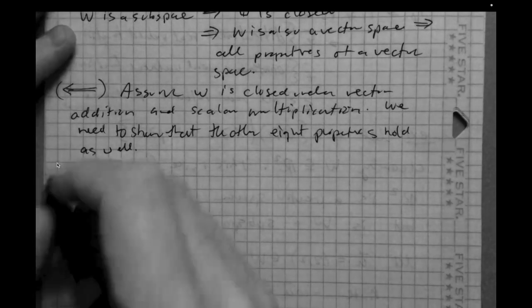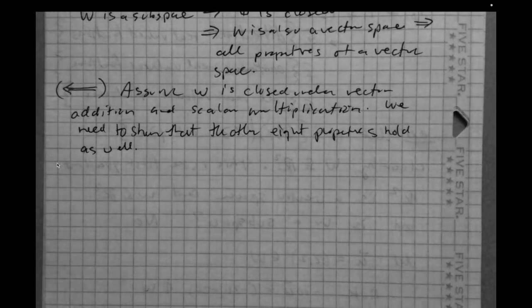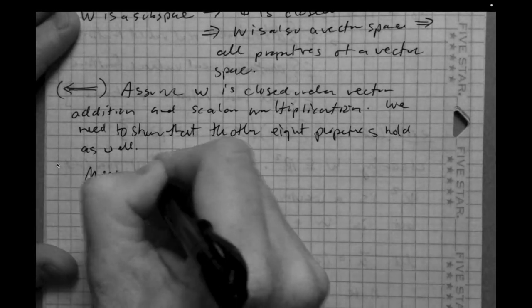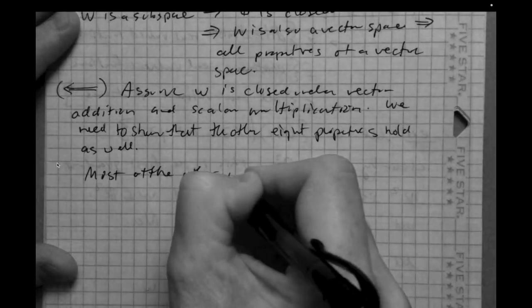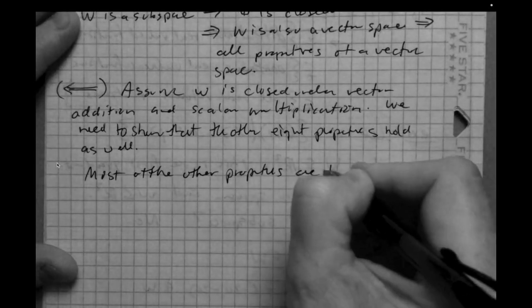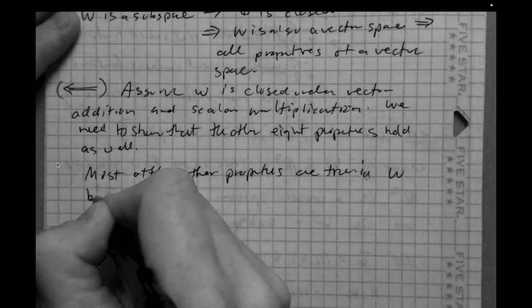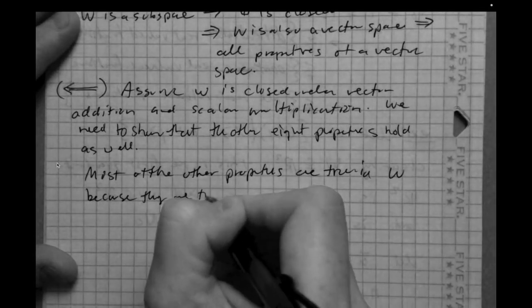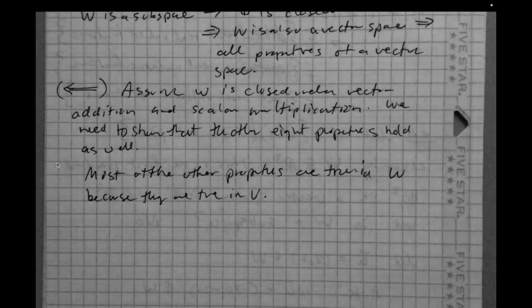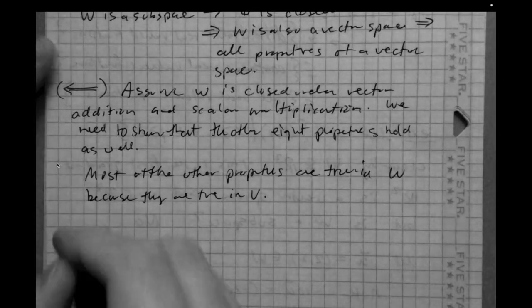And so what are the other properties? Well, I'm going to write some of them out here. Most of the other properties are true in W because they are true in V. The idea here is that because W is a subset of V, W is going to inherit a lot of the vector space properties of V. Specifically, we can go through a couple of these.